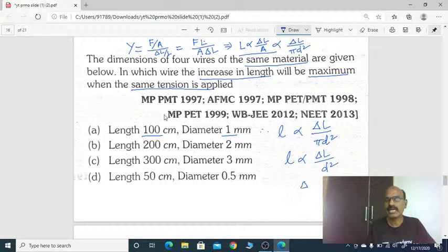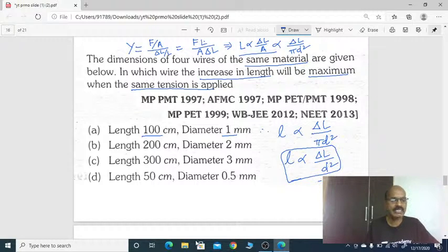Even if you want the change in length, it is length into d square. You can keep this relation. So this change in length is directly proportional to length and inversely proportional to d square.